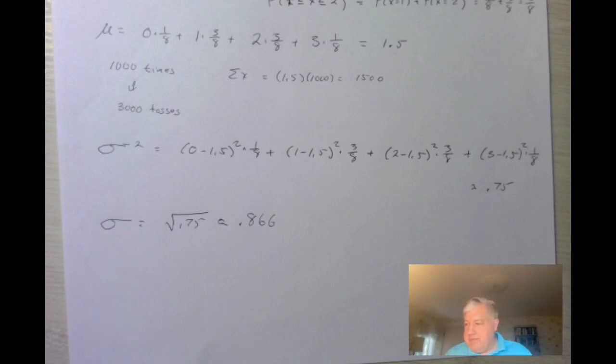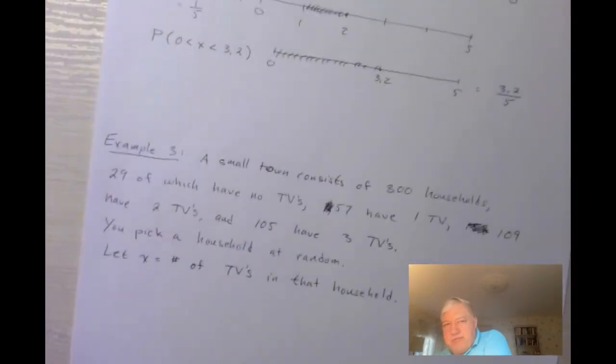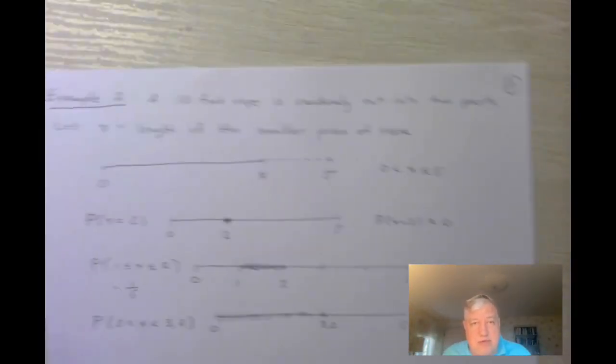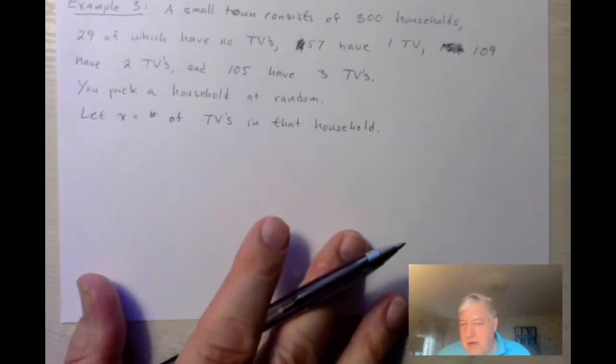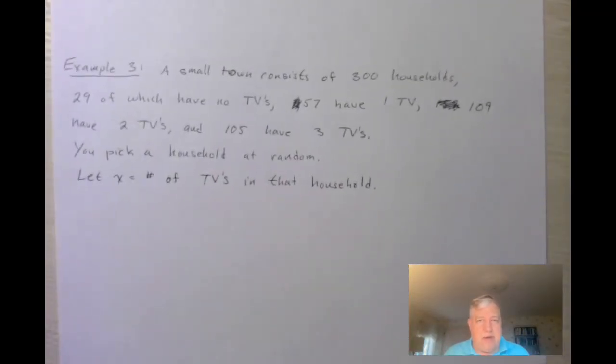Let's do one more example. Example 3. Notice we can't do this with example 2 because example 2 was a continuous random variable. So let's look at example 3. Here we have a small town that consists of 300 households, and we have data about how many TVs they have.